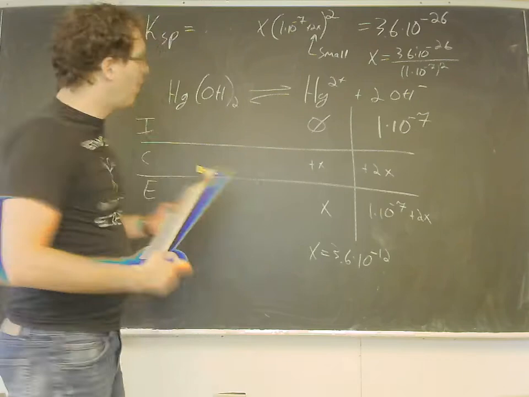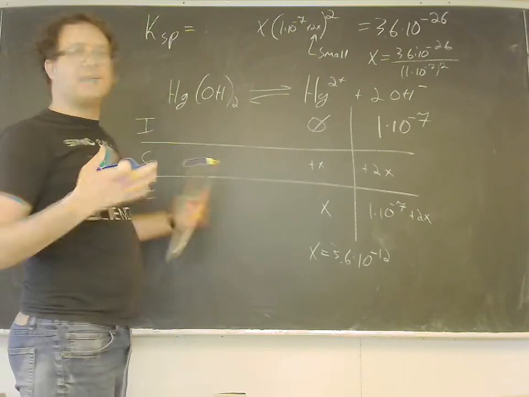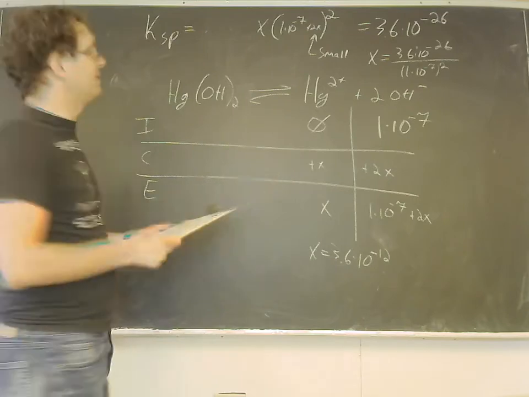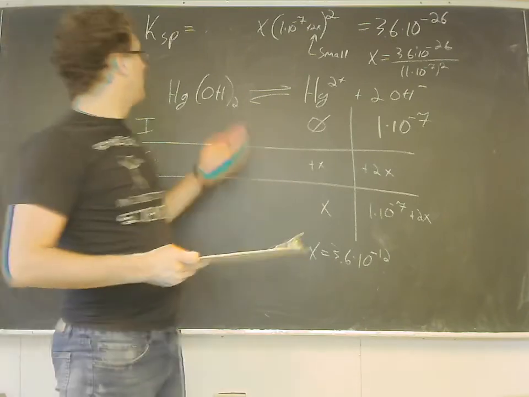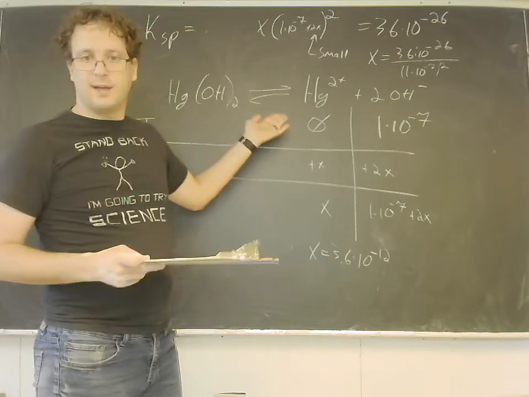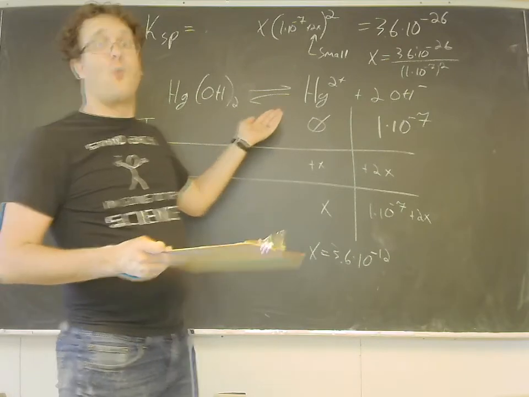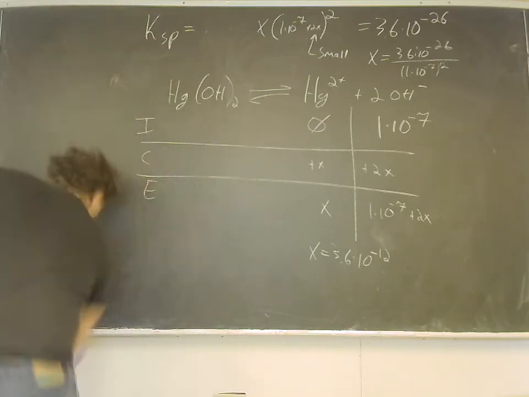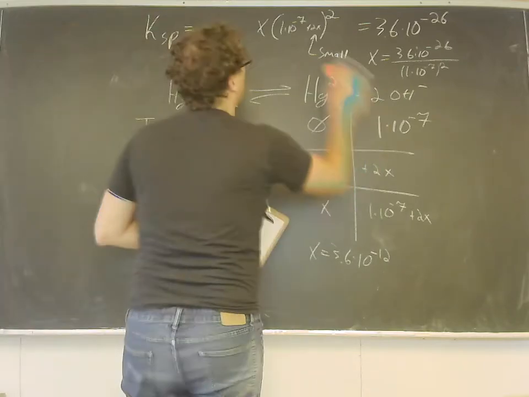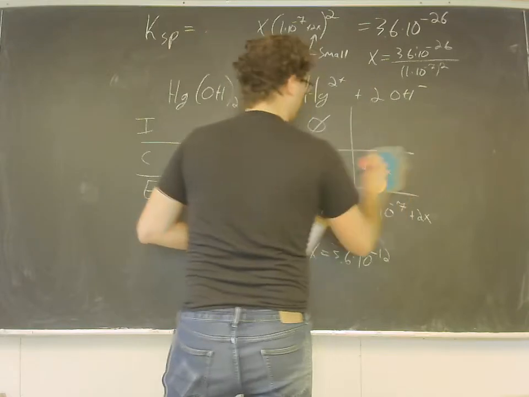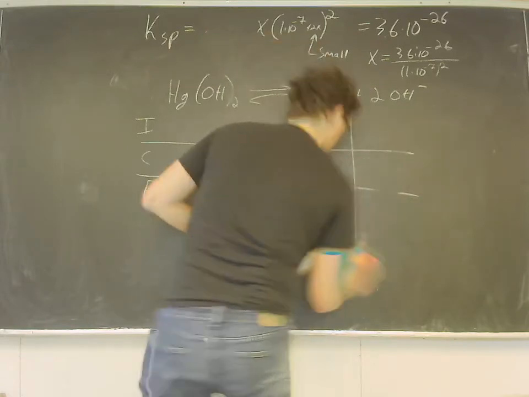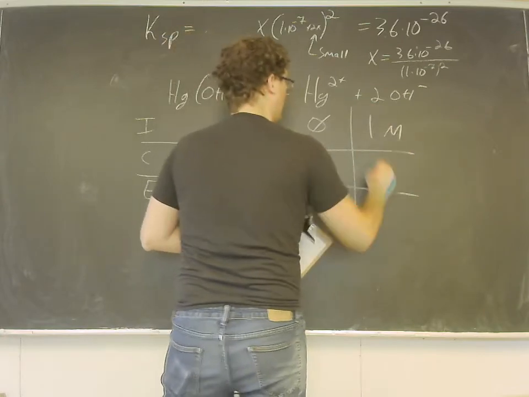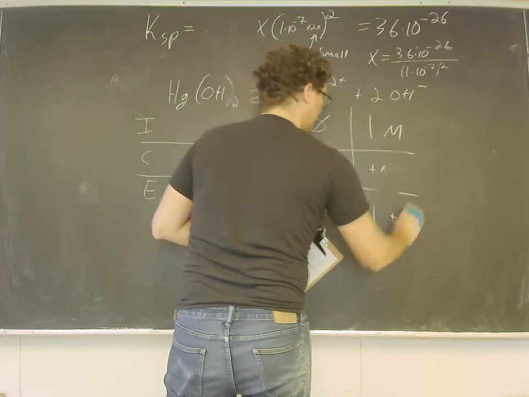Well, what about if I have the pH controlled by the presence of other acids or bases? If I have mercury hydroxide in something like 1 molar hydrochloric acid, well, that's going to change things. So we'll say in 1 molar hydrochloric acid, we'll still get plus x, and here we have 1 plus x.